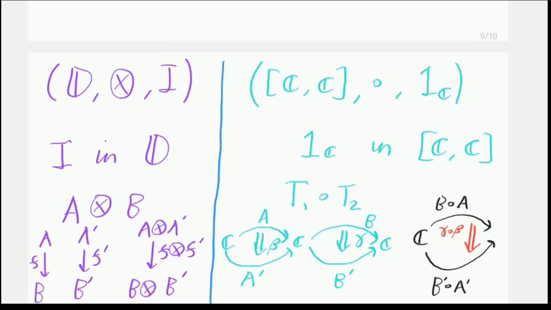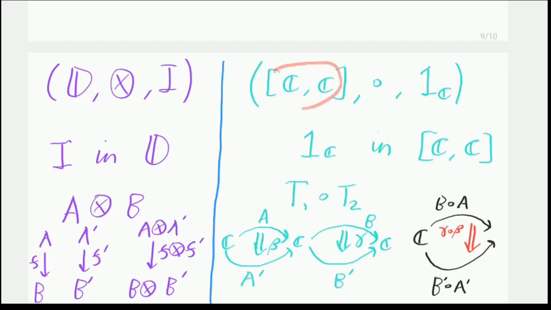And so on the right here, I'm saying in what respects we can think of [C, C] as a monoidal category. Okay, so the easiest thing to start with is what's the monoidal unit? And so what we want is an object in this category.